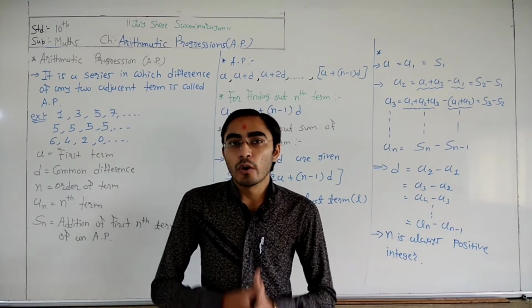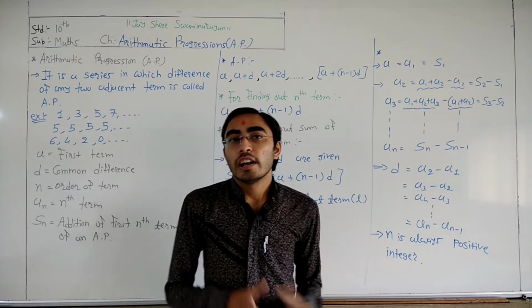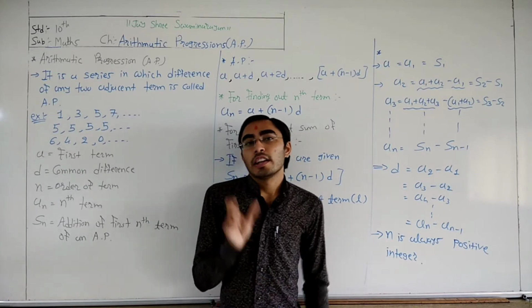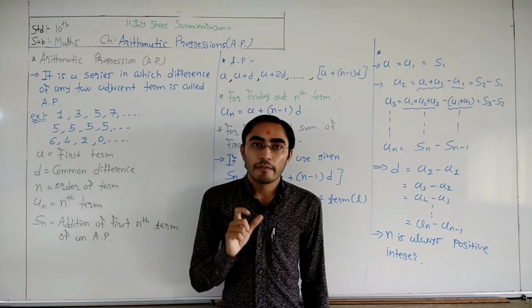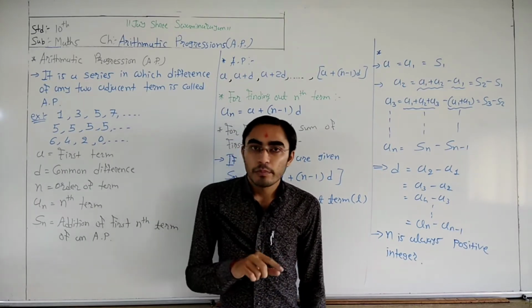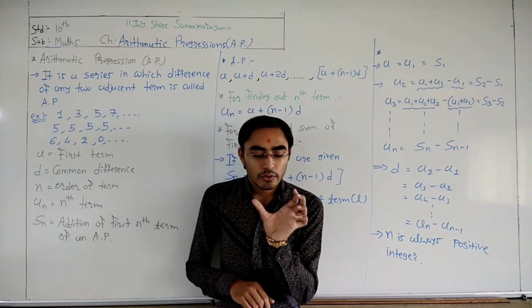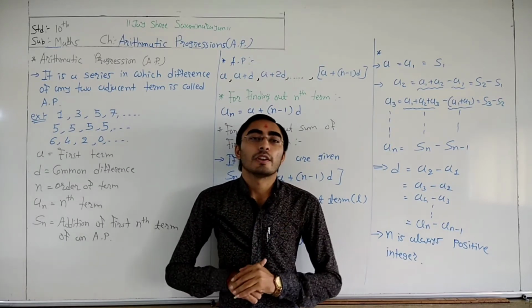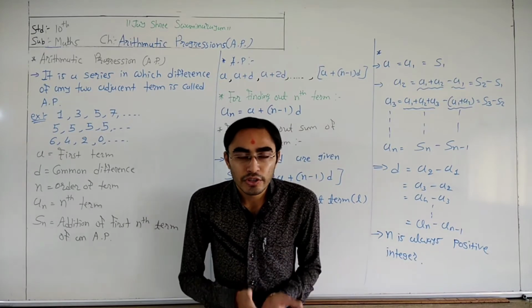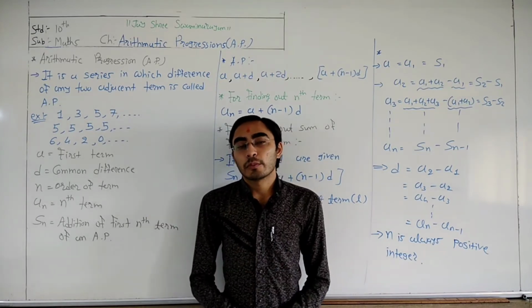So this is an example of a decreasing progression with the same difference. In such a case, this is an arithmetic progression.